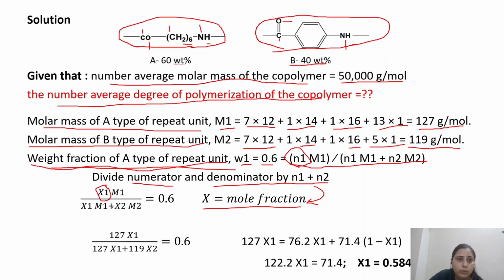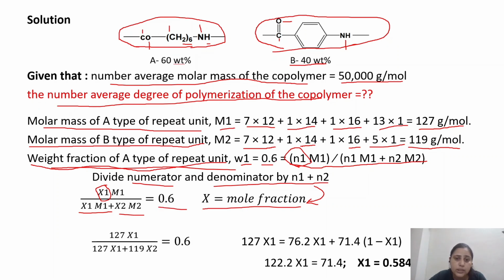and then divided by x1 M1, which is the mole fraction of A type of repeat unit multiplied by its molar mass, plus x2 M2, which is the mole fraction of B type of repeat unit multiplied by the molar mass of B type of repeat unit, is equal to 0.6.